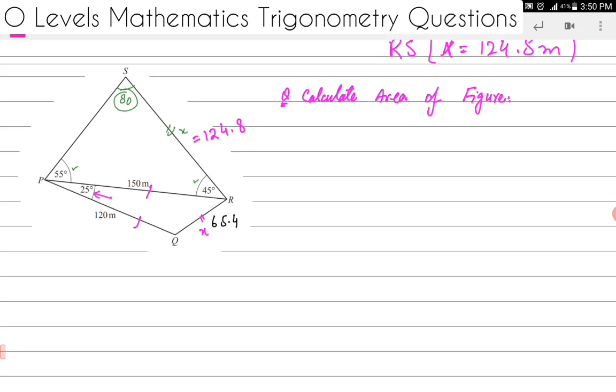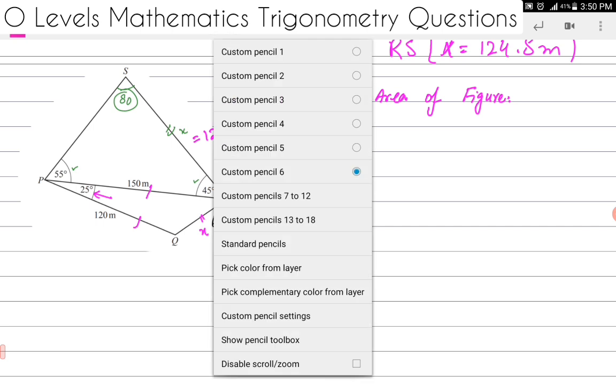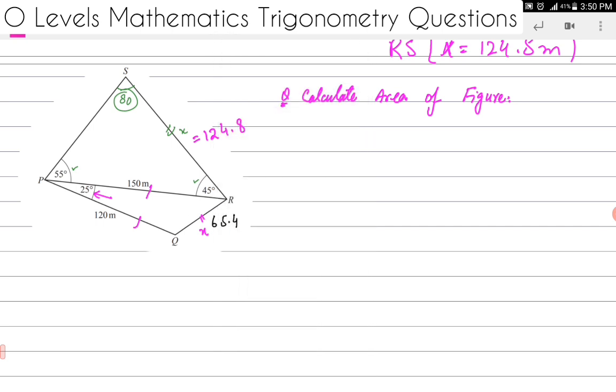And in the last part, we need to calculate the area of this whole figure. So if you see, first we're going to find the area of P, R and Q. In order to find the area of P, R, Q, we know that the formula for area is 1/2 into A into B into sine of theta. So it's 150 into 120 into sine of 25, right?